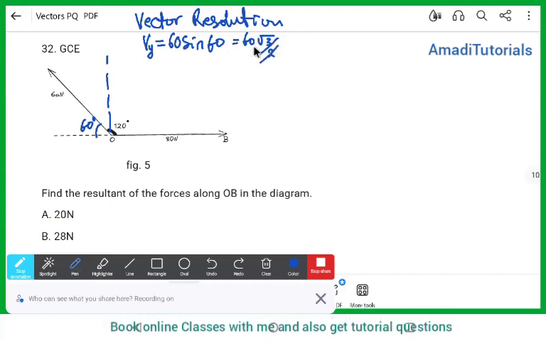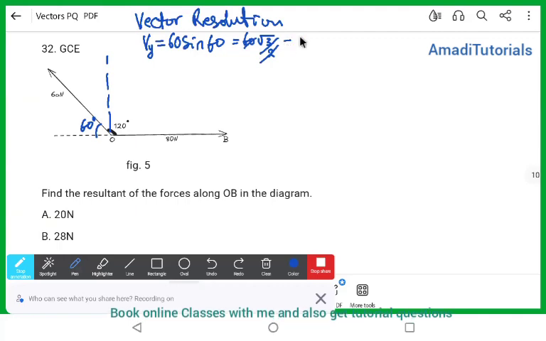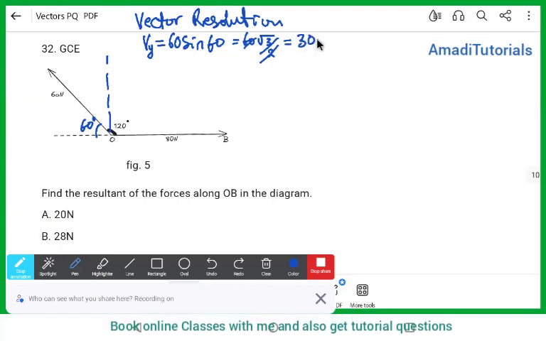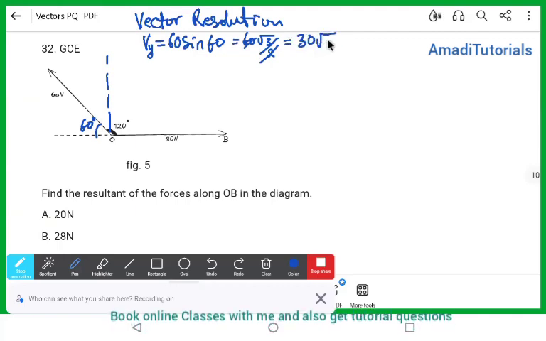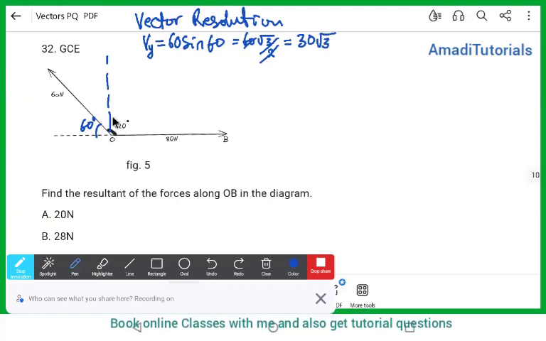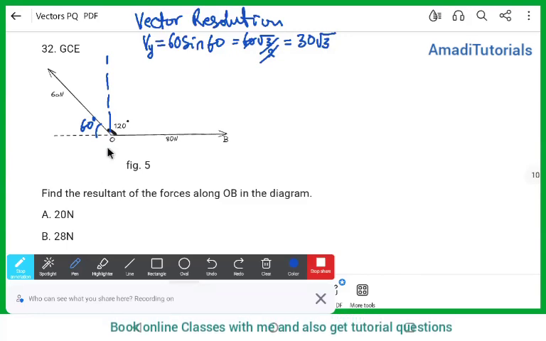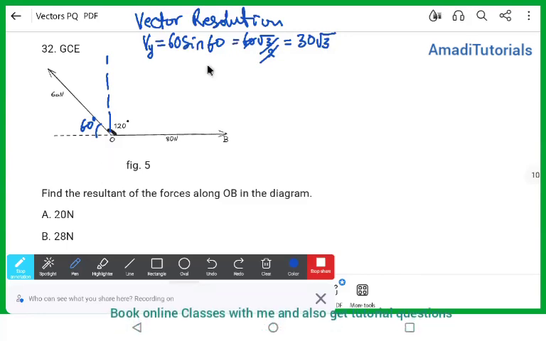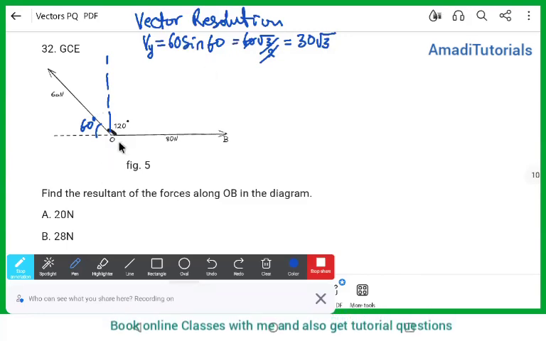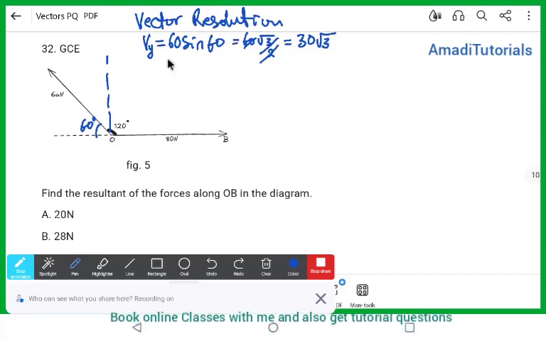And 2 will cancel 60. You have 30 root 3. Now, there's no other vertical vector that will add or subtract to that. So this is all we have for our vertical component.